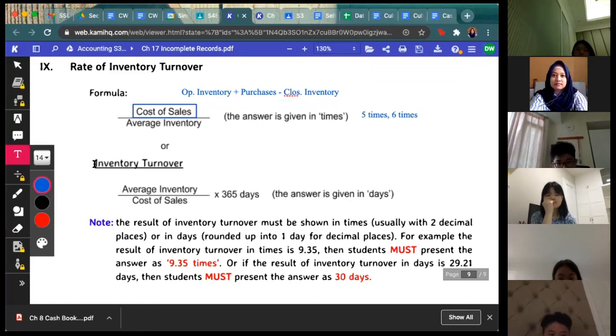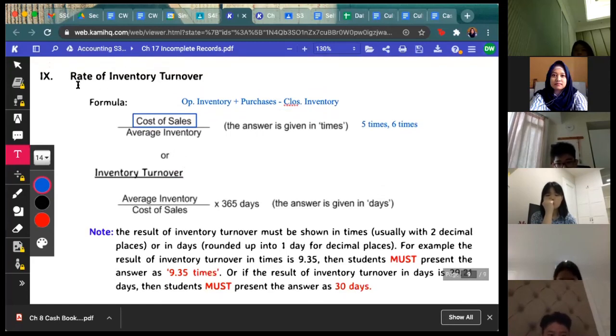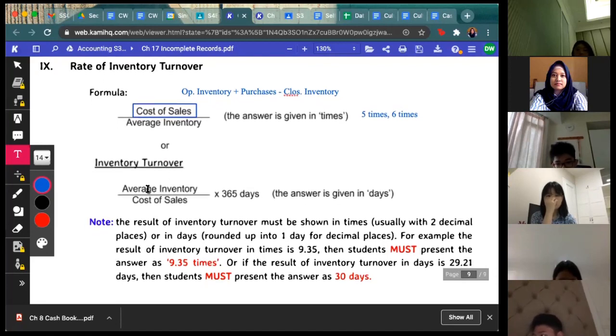Now, if it is inventory turnover only without rate of, the formula is the opposite: average inventory over cost of sales, and then times 365 days, and the answer is given in days.